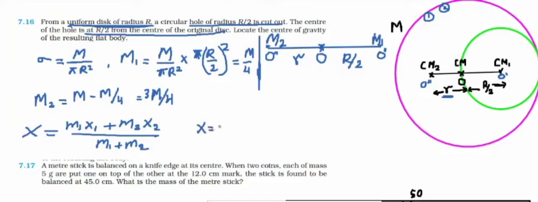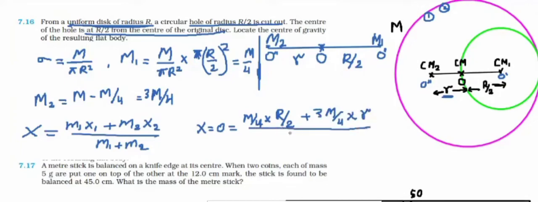So 0 is equal to M1, and M1 is M by 4, into how much distance away? r by 2, plus the second object having mass 3M by 4. It is at a distance small r from the origin, divided by m1 plus m2, and m1 plus m2 means total mass M.